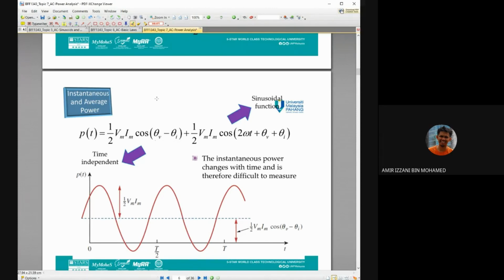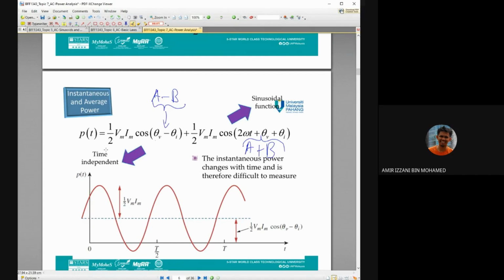This part is due to A minus B. You can try to prove this one. And this one is A plus B. So we get these two parts.